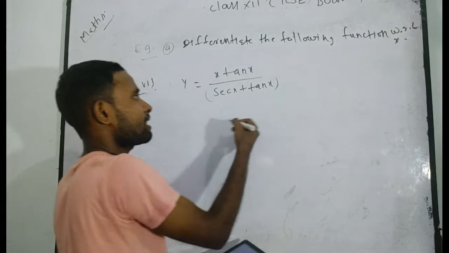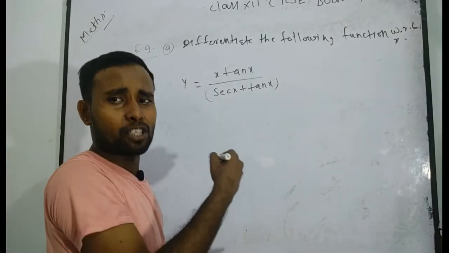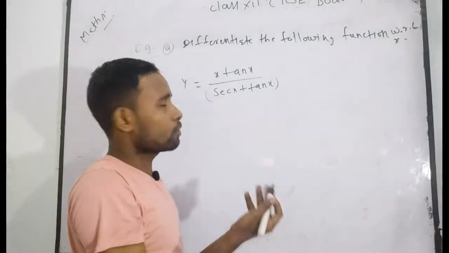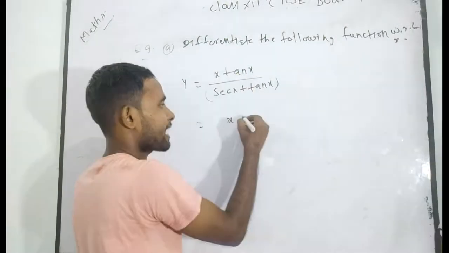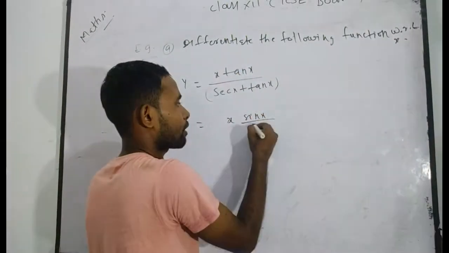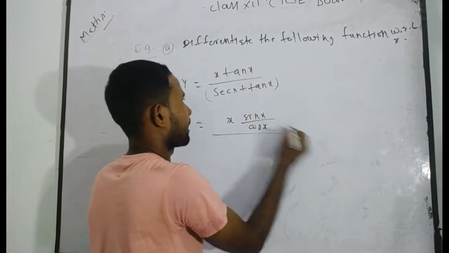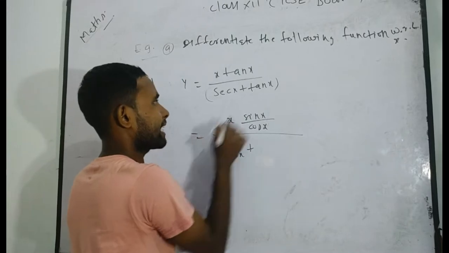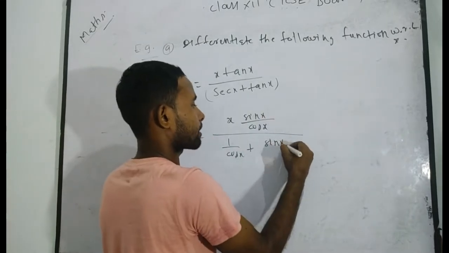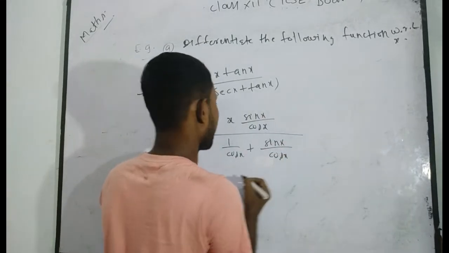If you wish to write it in the simplest form, you can write it, otherwise you can also ignore. Can you write tan x in terms of sin x by cos x, and sec x as 1 upon cos x? So tan x can be written as sin x upon cos x. I think you all understand very easily.